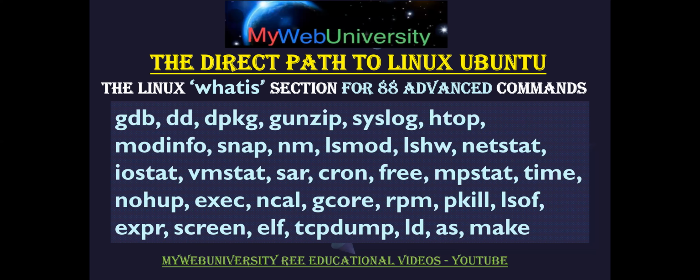So the next page is gdb for the GNU debugger, dd, and dpkg, the Debian packager, gunzip, syslog, htop, modinfo, snap, nm, lsmod, lshw, netstat, iostat, vmstat, sar, cron, free, mpstat, time, nohup, exec, ncal, gcore, rpm, which stands for Red Hat Package Manager, pkill, lsof, expr, screen, and nohup is very useful also.